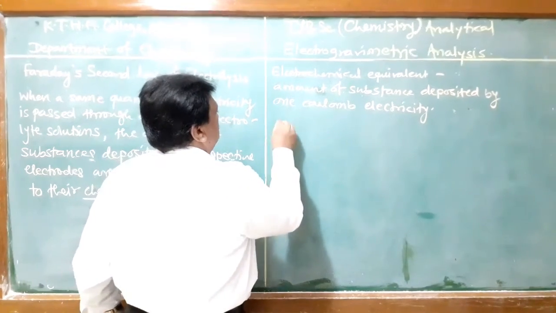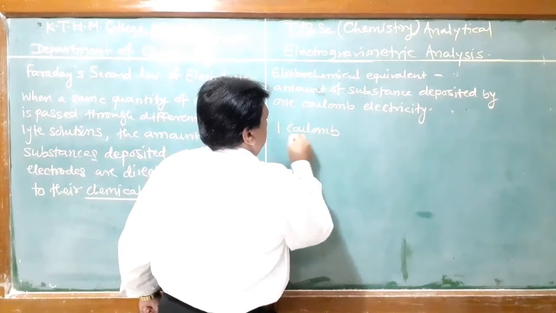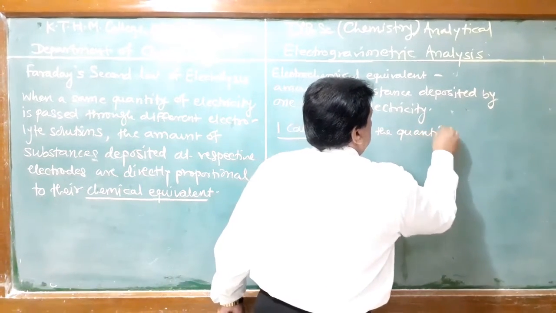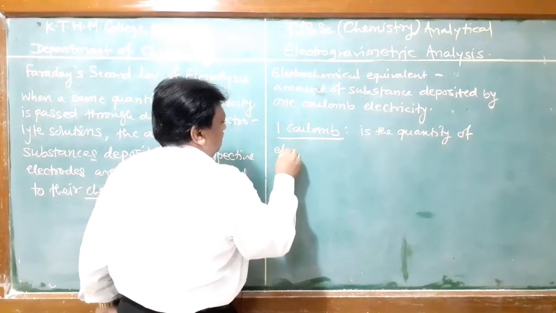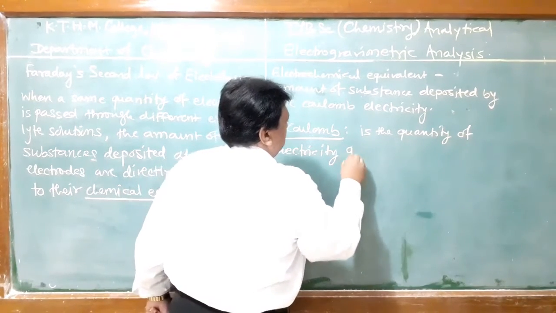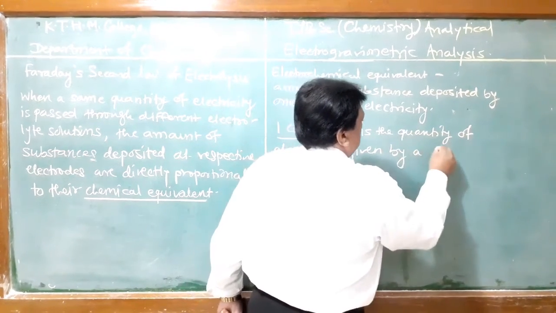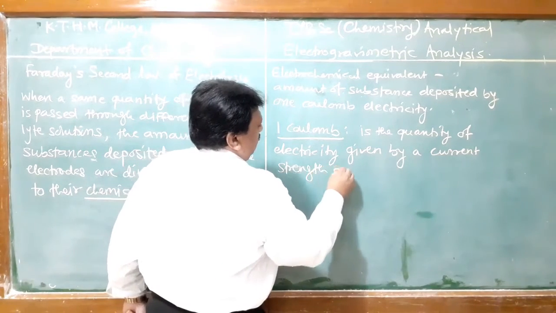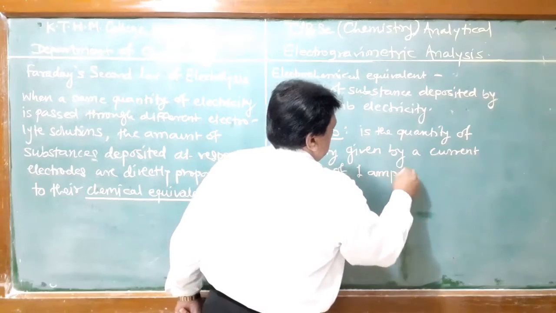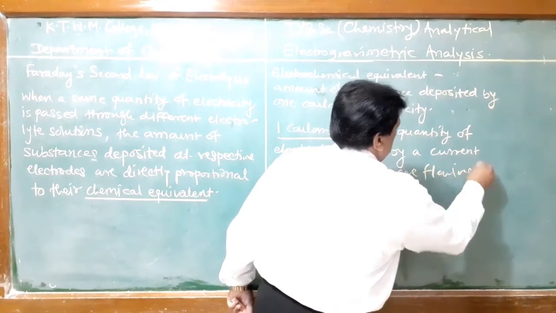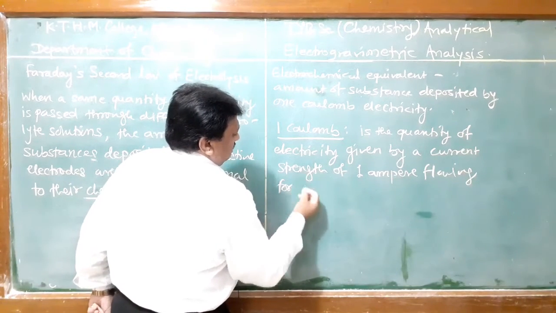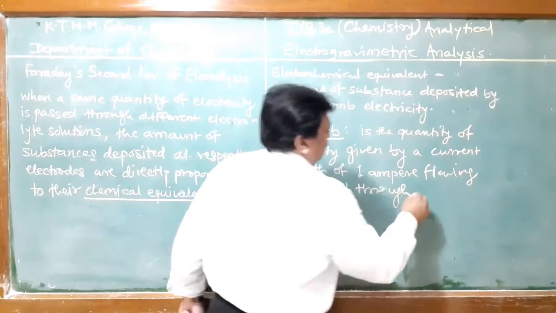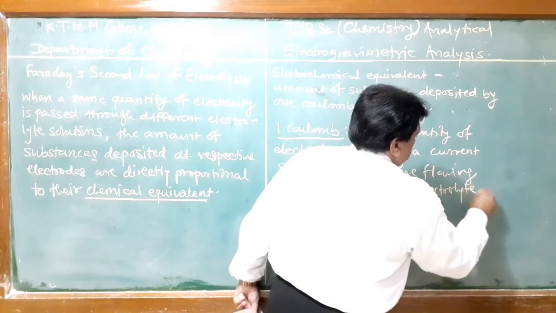1 coulomb is the quantity of electricity given by a current strength of 1 ampere flowing for 1 second through an electrolyte solution.